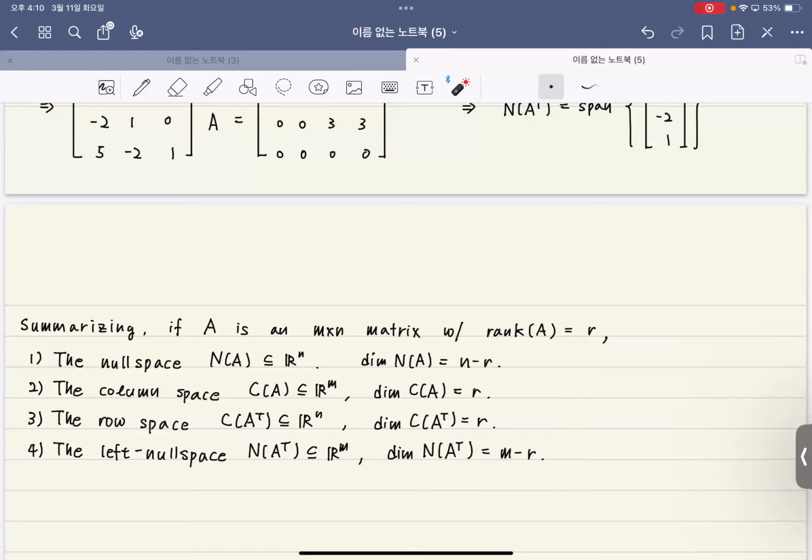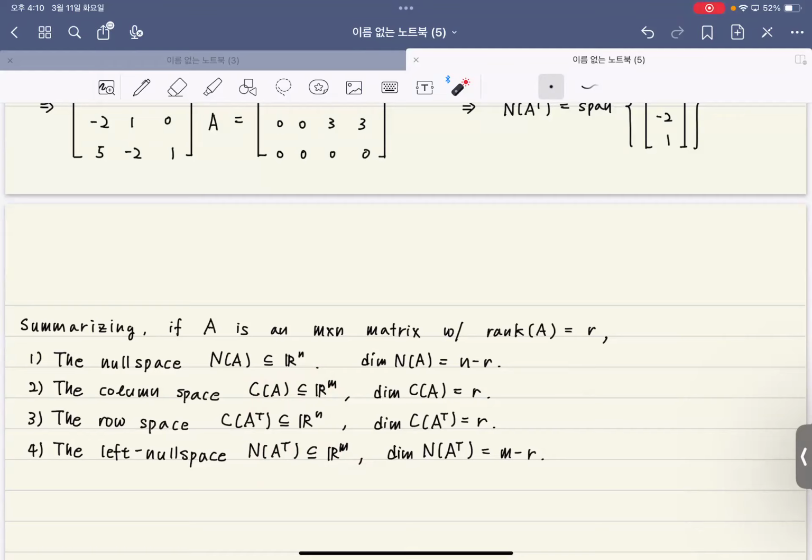All right. Even though we talked a lot about the dimensions and the basis of these four fundamental spaces, there's one more thing to add about the geometric picture of those four spaces. First, we want to focus on the relation between the column space and the left null space. These two spaces are very much related to each other.